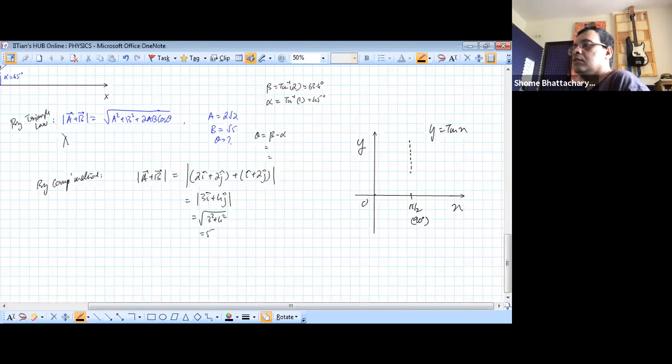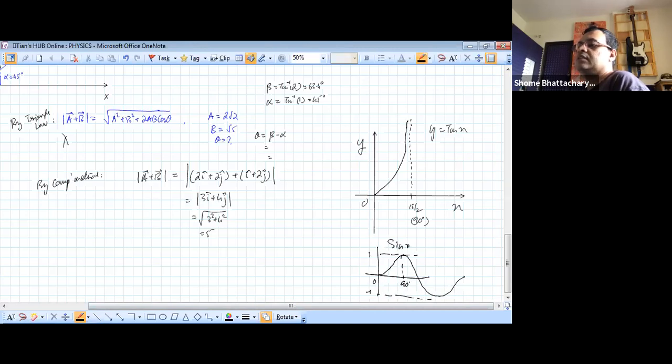It goes to infinity. Sin and cos graphs are limited, for example between 0 and 1.